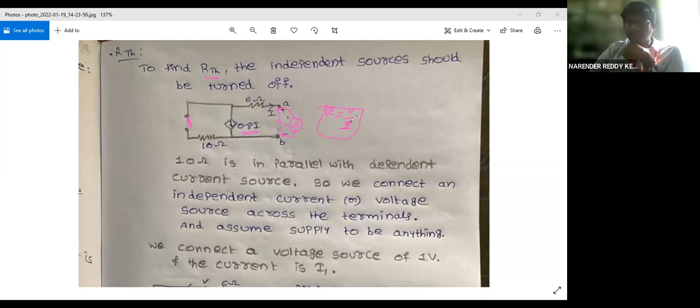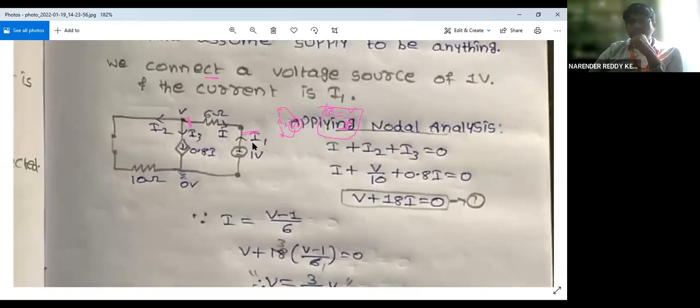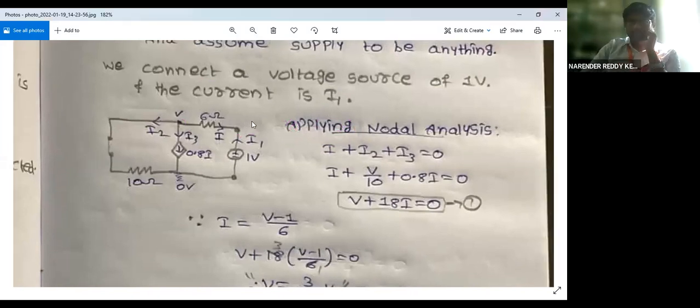So how do you get this V? Where do you get this value of I? For evaluating this, what we do is assume a voltage source across the terminals AB. Just let me know if you are unable to follow, right?